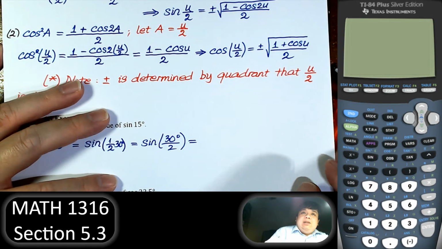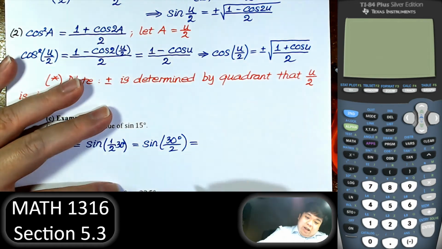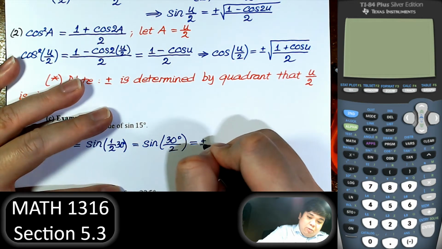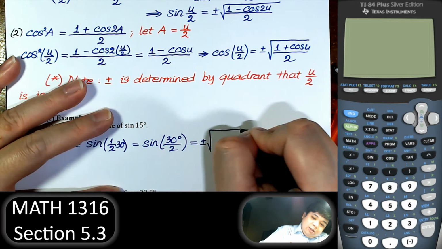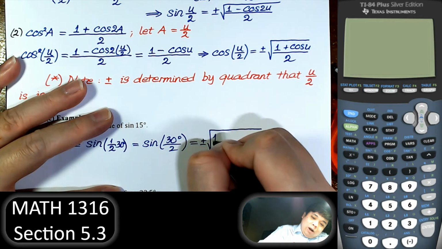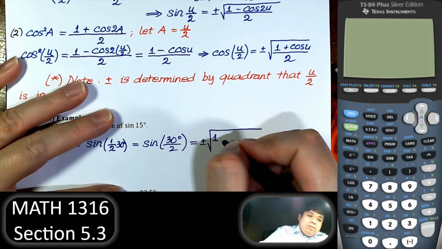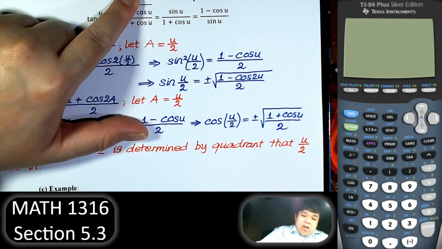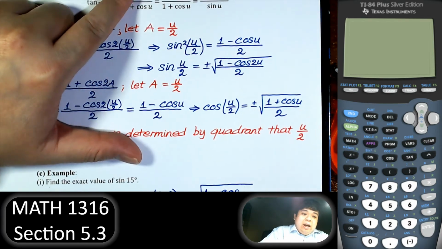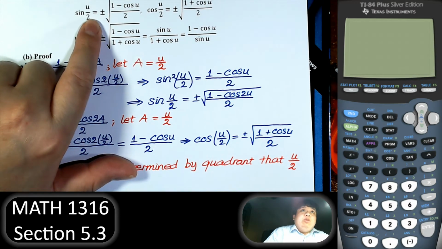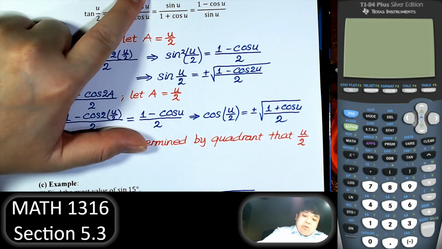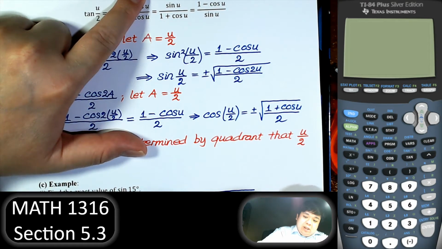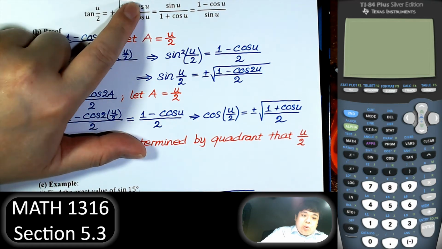And according to the half angle identity, that will be plus or minus the square root of 1 minus cosine of the full angle. So it's not half anymore. It's going to be the full angle of 30 degrees, divided by 2.